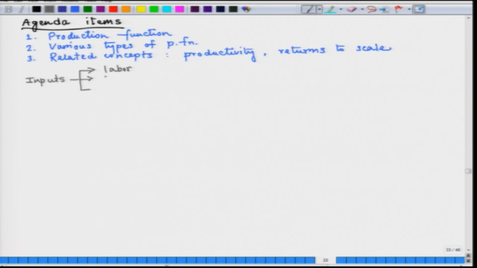The second could be materials, and these materials are like electricity, wood, then there can be some natural resources.